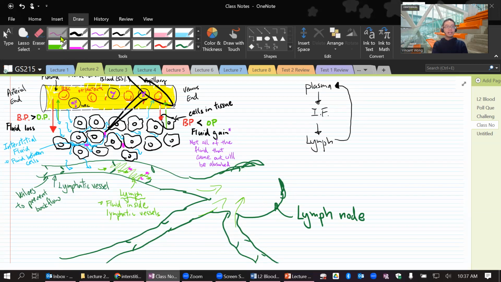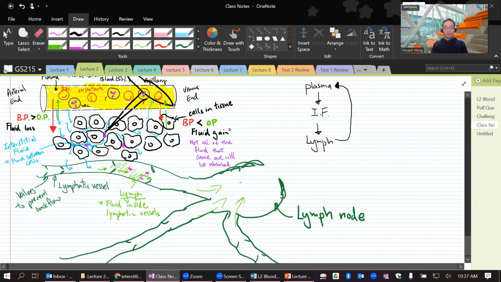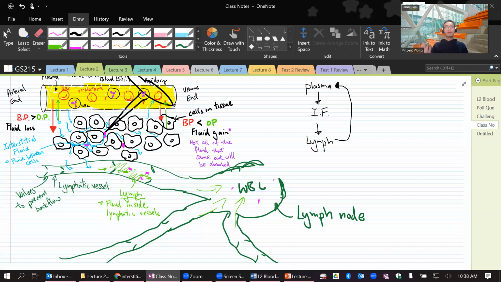In the lymph node, you're going to have some white blood cells, could be some macrophages, could be some neutrophils, and these white cells will screen the lymph. If the lymph has bacteria in it, in our example, then the white cells would react to them. They would clear them out and serve kind of like a filter.